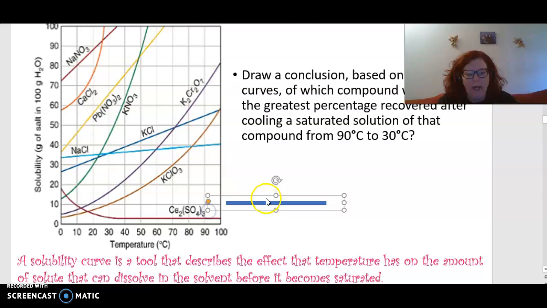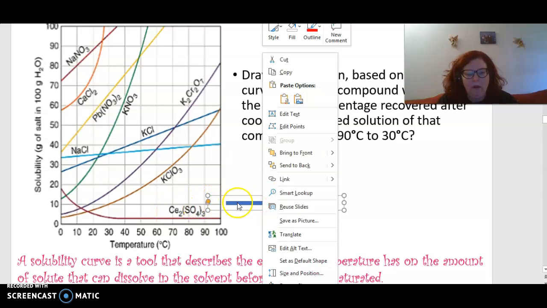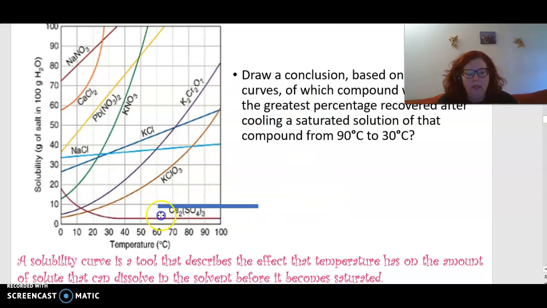I just wanted a thicker line. All right, let's see. 90 to 30. What we're doing is asking for the greatest percentage recovered.